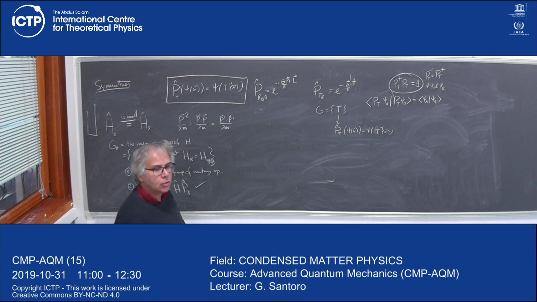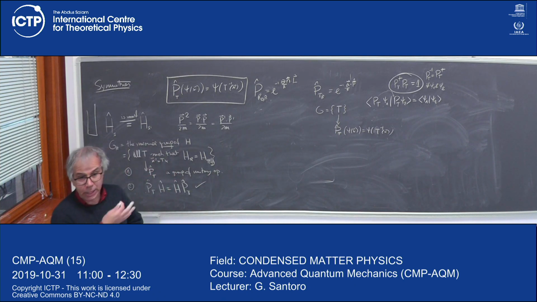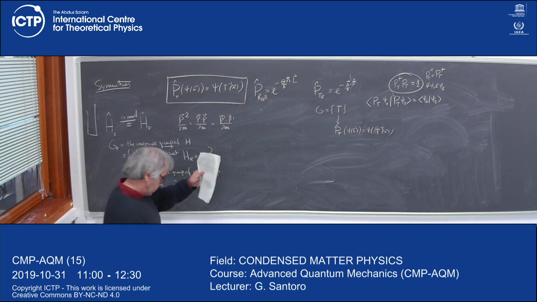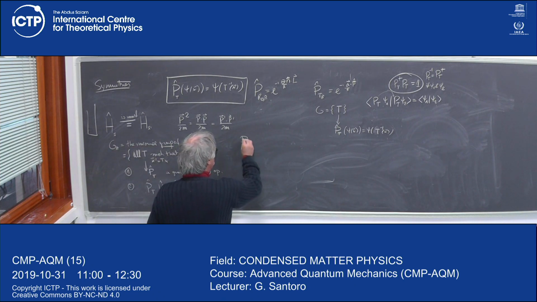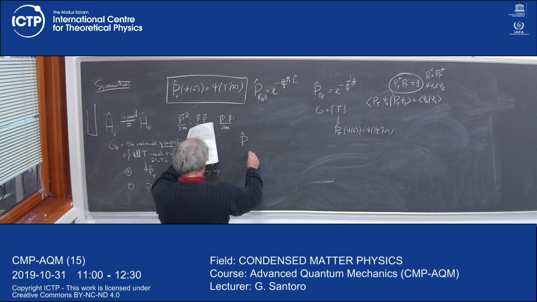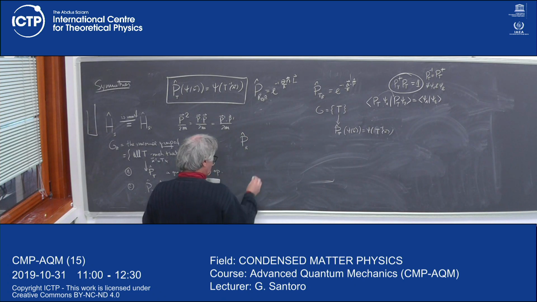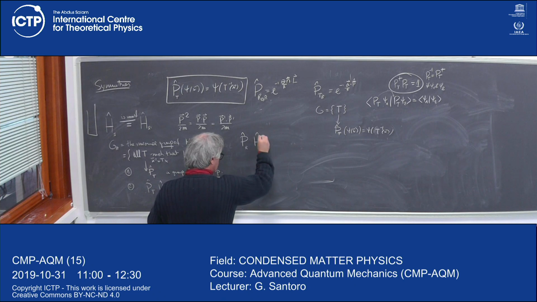You know that you can do any rotation, and the Hamiltonian is invariant by rotation, right? Good. Which means, according to this theorem, that the P associated to any rotation must commute with the hydrogen atom Hamiltonian.